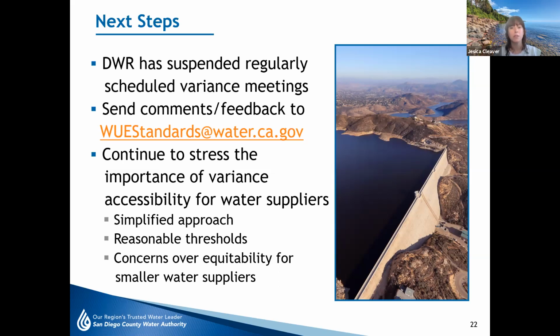And there's some concern over the equitability for all water suppliers, because not everybody has the resources to provide these really high level details that they're asking for in order to qualify for the variances at the lower thresholds. And that could prevent water suppliers from qualifying for them, even though they have significant use in these areas, and they should be able to qualify, especially if they're willing to put in work to qualify.